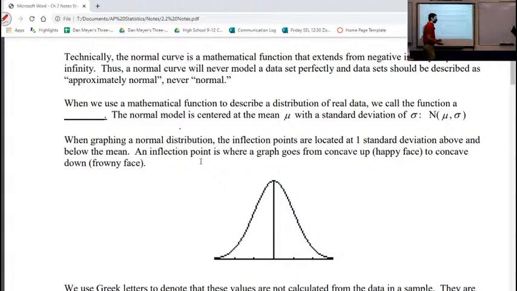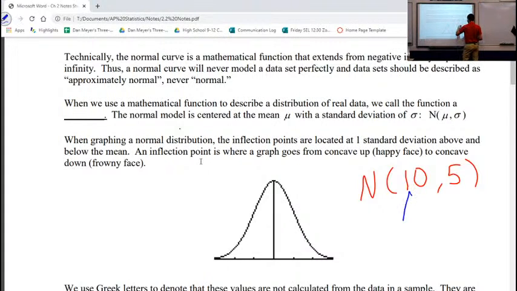So let me label the normal distribution with a mean of, say, 10 and a standard deviation of 5. So remember, this is our mean, and this is our standard deviation.